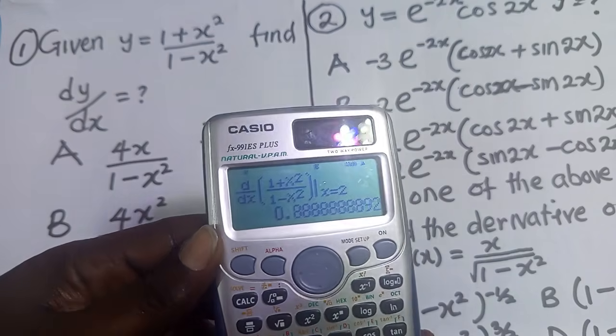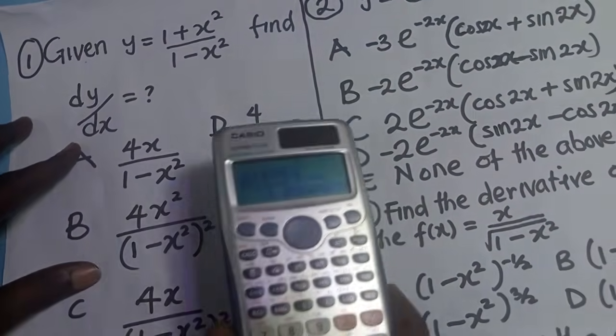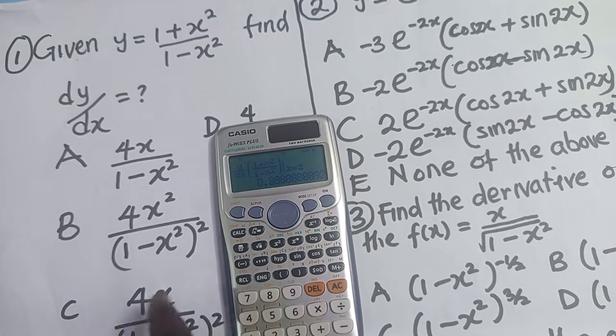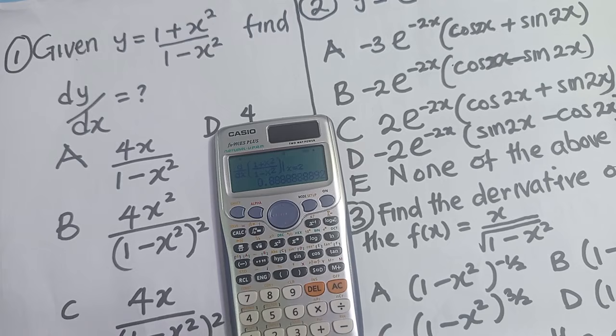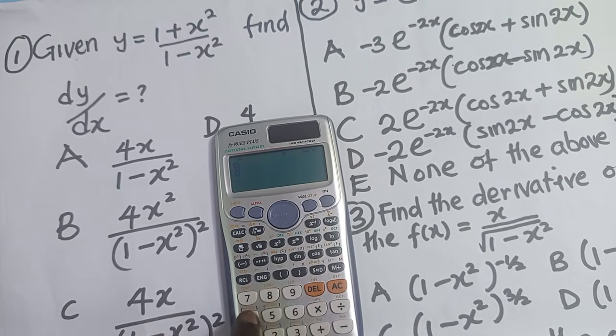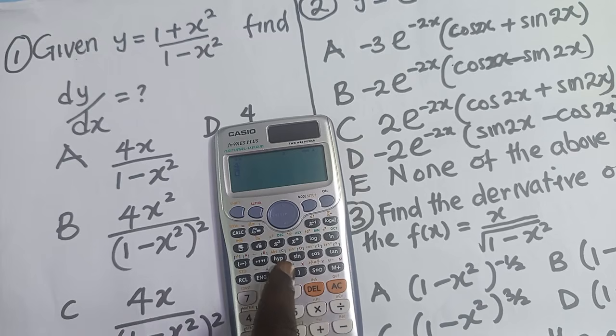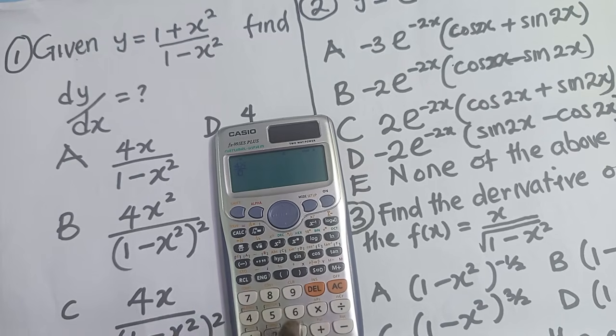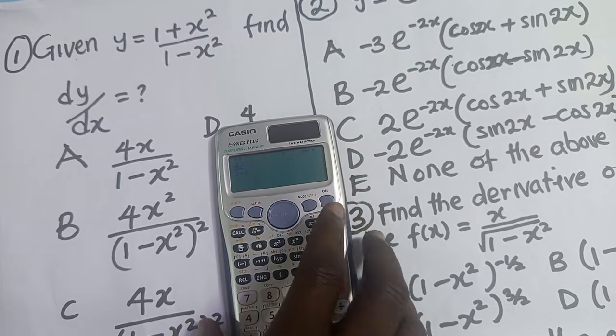Now you are going to check the options one after the other. The first one, A, says 4x divided by 1 minus x squared. So you put in 4 alpha x, divided by 1 minus alpha x squared.